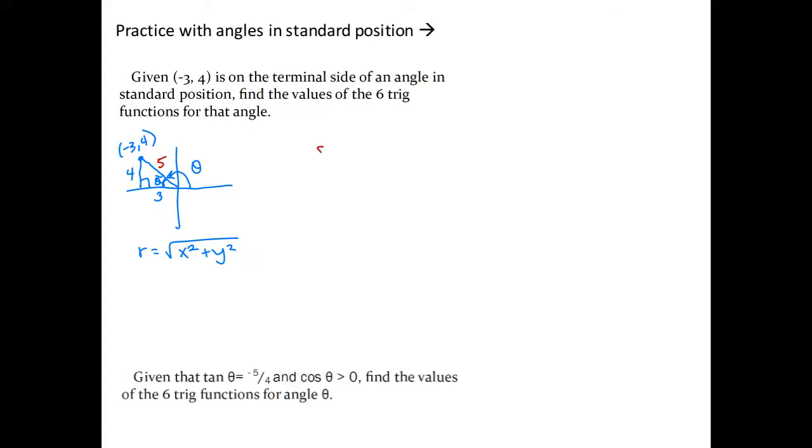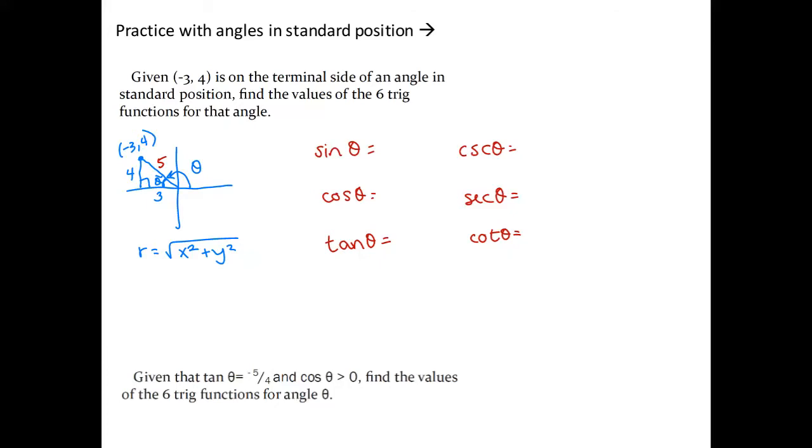Now, we want to find all 6 trig functions, so I'll just write each of them out. And then there's a process here, but just like with the unit circle, you can work in whatever order makes the most sense to you. So I'm going to start by considering what quadrant we're in and just put the positives and negatives on.